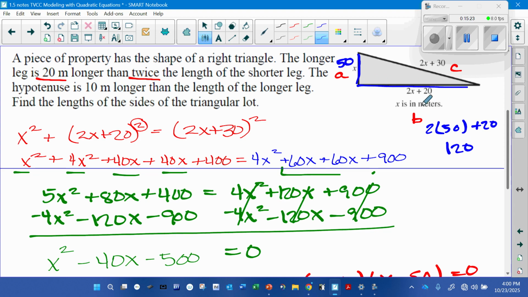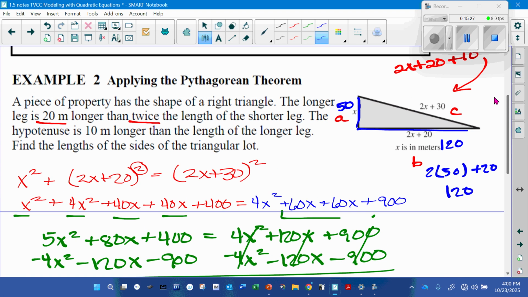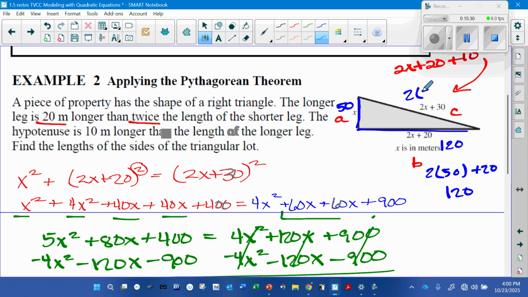So this side is 120. And then this is going to be 2 times 50 plus 30. So that's 130. So the dimensions are the short leg is 50, the long leg is 120, and the hypotenuse is 130.